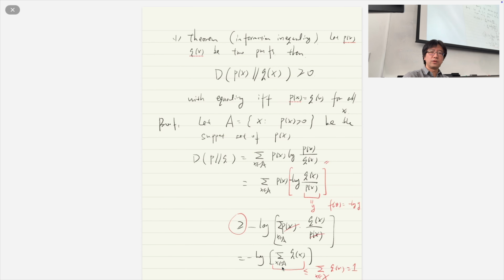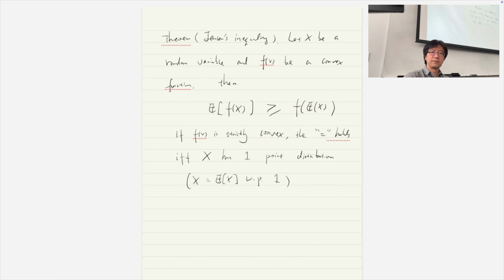So when will equality hold for this step? That's exactly Jensen. So when will Jensen hold with equality? Equality holds if and only if this variable is a constant, that does not change. Remember, for Jensen, equality holds if and only if x is a constant.